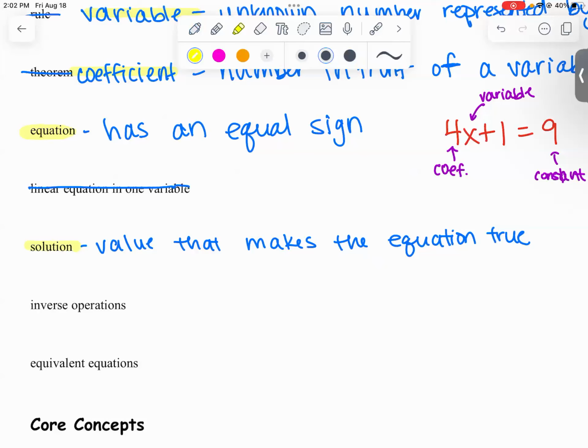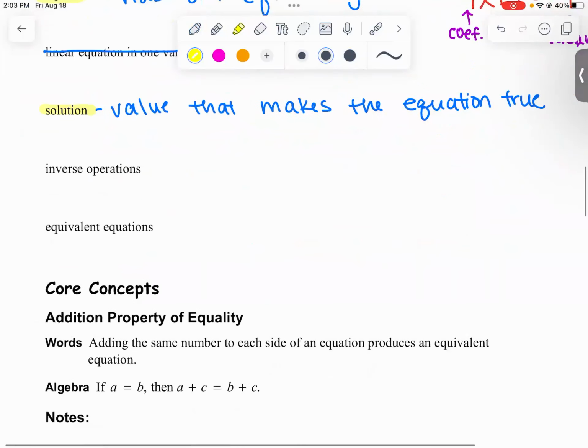Now, we're going to talk about one-step equations today. First of all, it should be a little bit familiar from Advanced Math 7. Now, inverse operations. You are going to hear me say this a lot.